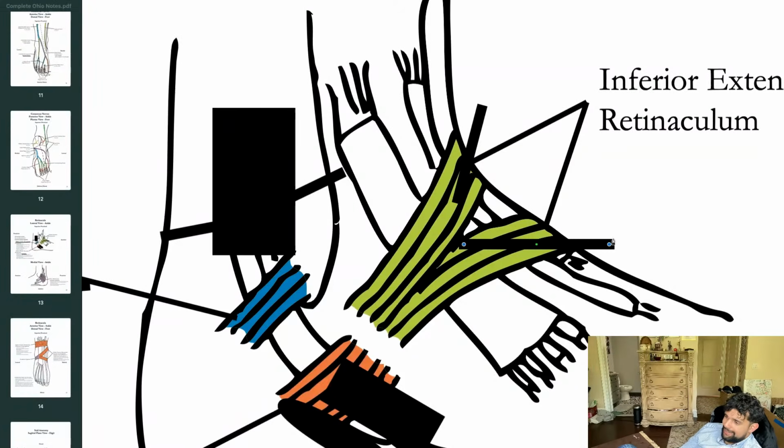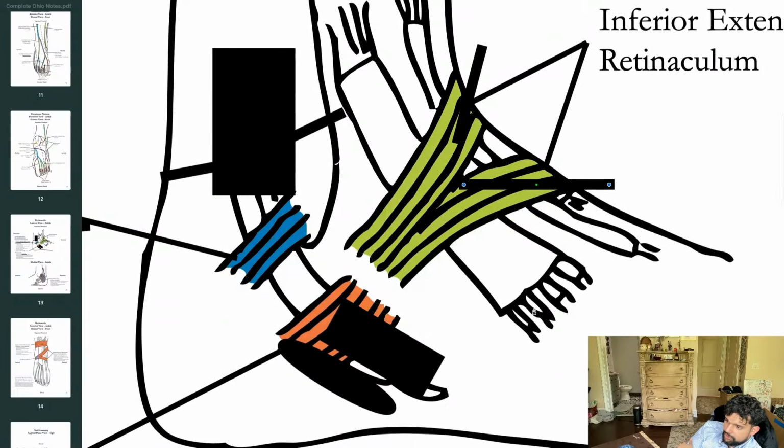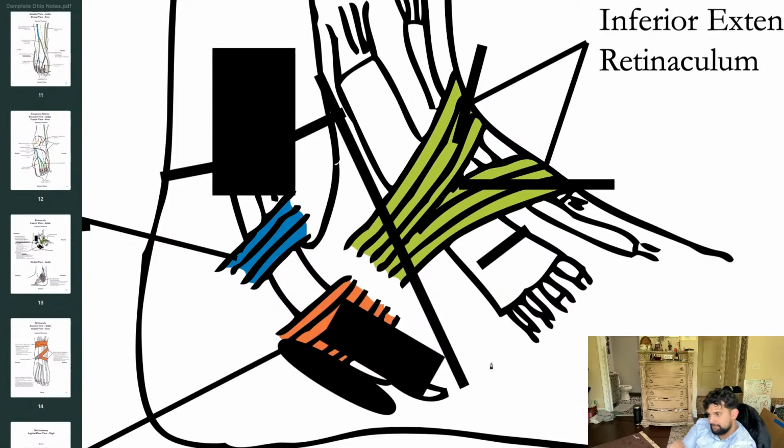Now, what's going to pass under the stem, it's actually not even pictured here, is the EDL right here, and also the fibularis tertius, which is going to attach right at the dorsal base of the fifth metatarsal.